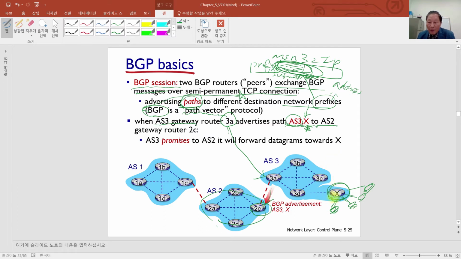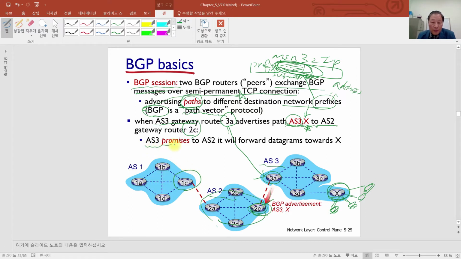Thus this one is called prefix, like subnet, IP address, network address, you can think. And this one is the 2C. This one is also a gateway. This one is also a gateway. This gateway is in this autonomous system 3. This gateway is in this autonomous system 2. Also this one is the gateway located in this autonomous system 1.